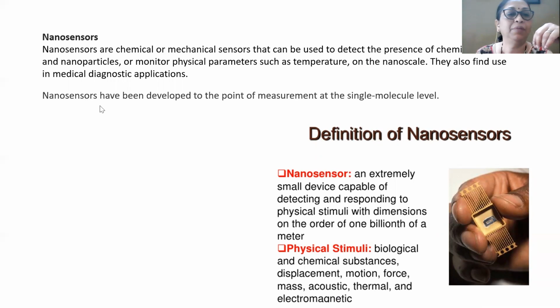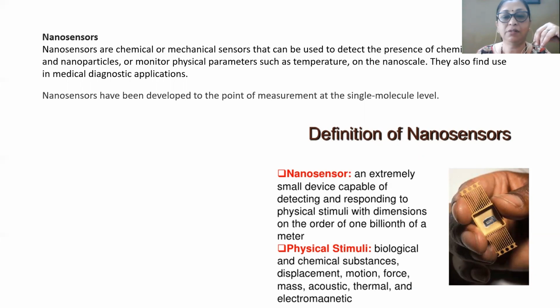They also find application in medical diagnostics. Nanosensors have been developed to the point of measurement at a single molecule level. These are extremely small devices capable of detecting and responding to physical as well as chemical stimuli.